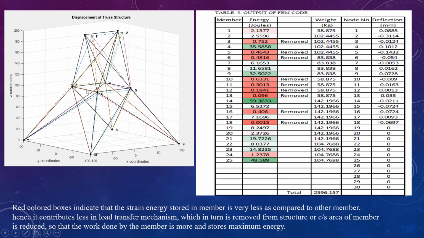These members make our total truss structure weak. So we have to remove all of 3, 5, 6 and 10, 11, 12, 13, 14 and 18 to store the maximum energy in the others.